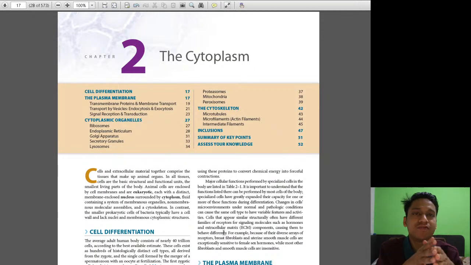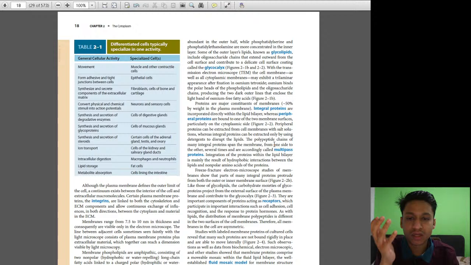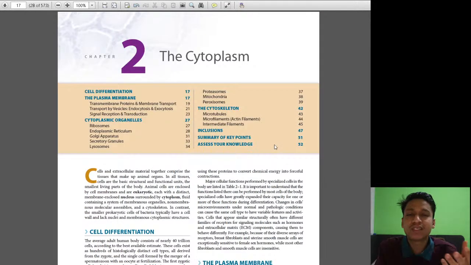So what we saw in table 2.1 is not the complete truth. We know that muscles carry out movement, but can only muscle cells carry out movement? No, each cell can do pretty much all the activities, but each cell has a specialized role, and that is the basis of differentiation.